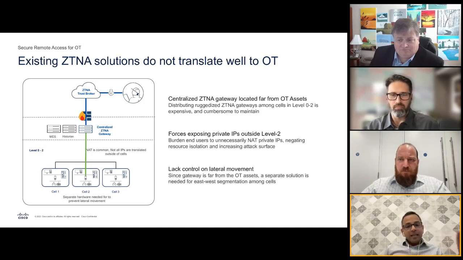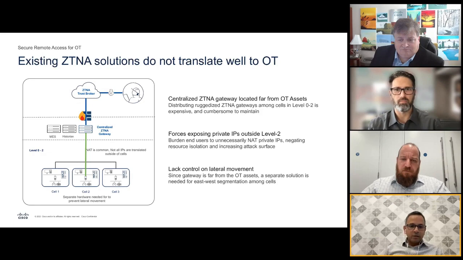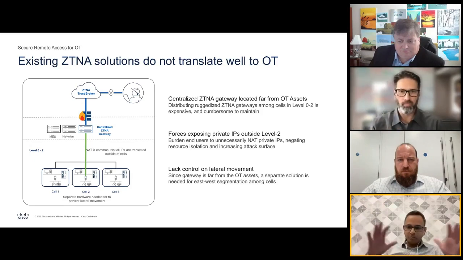What ends up happening because of that is that now the burden is on the end customer to figure out how to expose the reachability to these OT assets up to that centralized gateway.